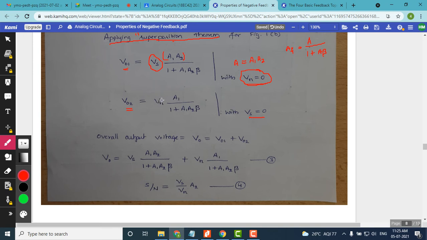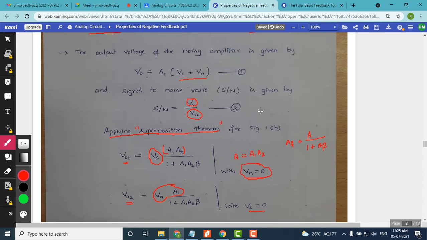We only have a noise signal which gets multiplied with A1, this is a noise amplifier, divided by 1 plus the product of A1 into A2 into beta. So the scaling factor is Vn into A1 divided by 1 plus A1 into A2 into beta. This is the output voltage with Vs acting as 0.